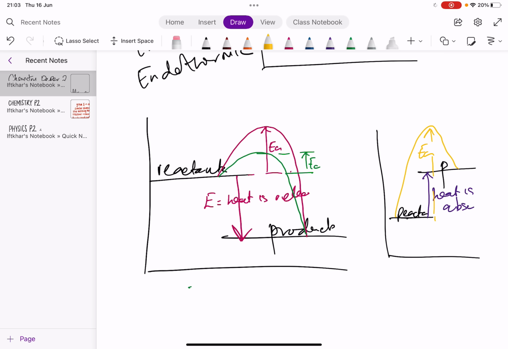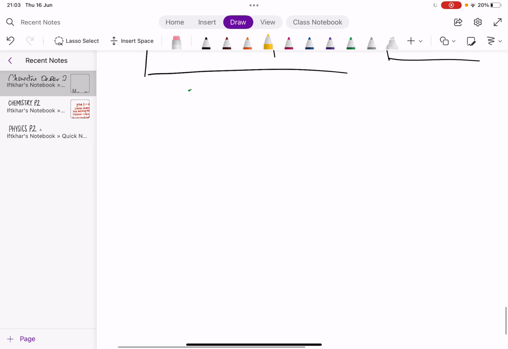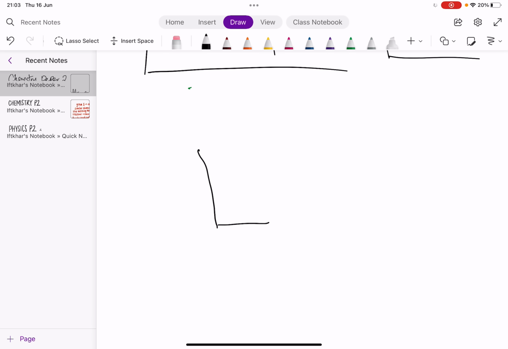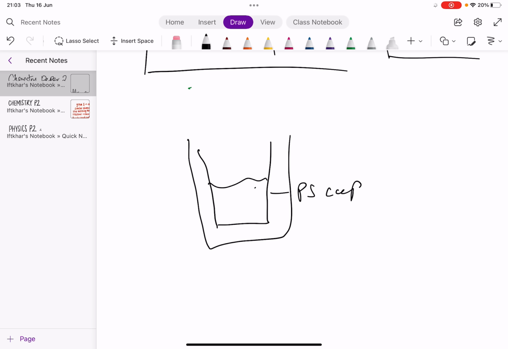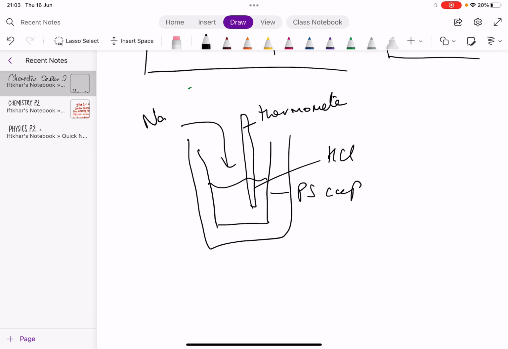What experiment can we do to measure heat changes? We can have a polystyrene cup, because a polystyrene cup is an insulator. You can rest it in a beaker. You place a solution like hydrochloric acid, measure its temperature, then add some sodium hydroxide to it, and then measure its temperature afterwards.